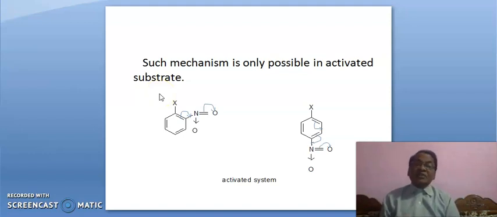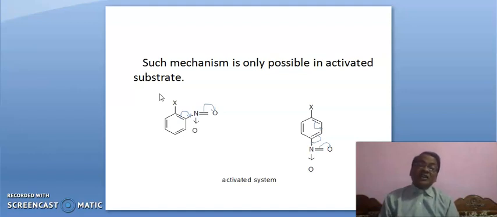Again I am repeating, in which substrate does the SN1 mechanism take place? Only and only in diazonium salt. When the substrate is diazonium salt, the SN1 mechanism is followed.